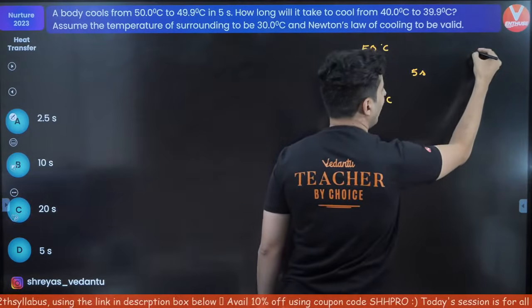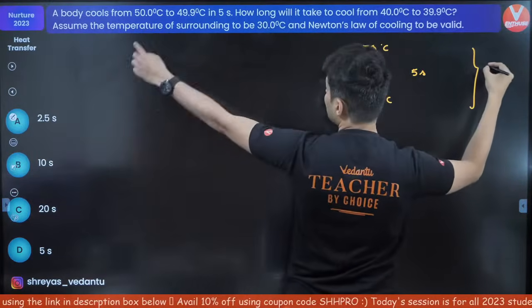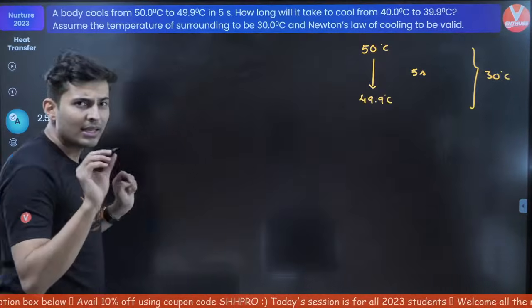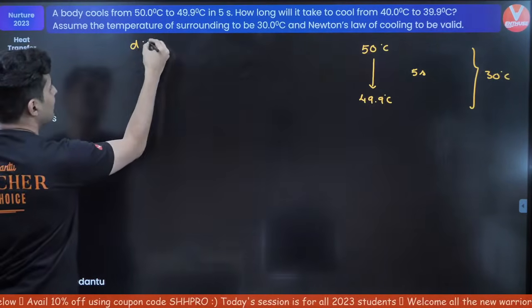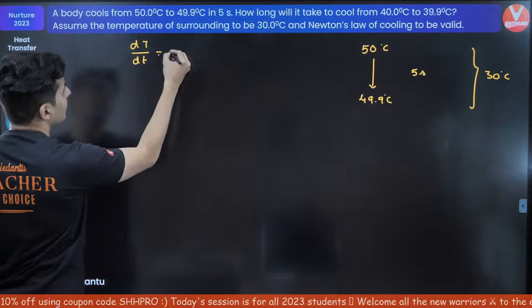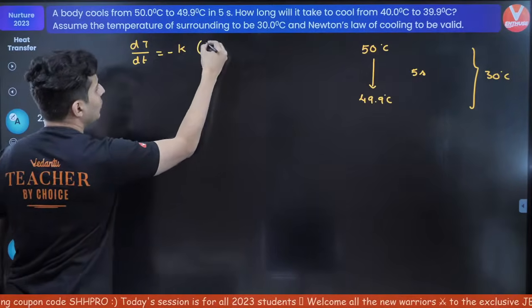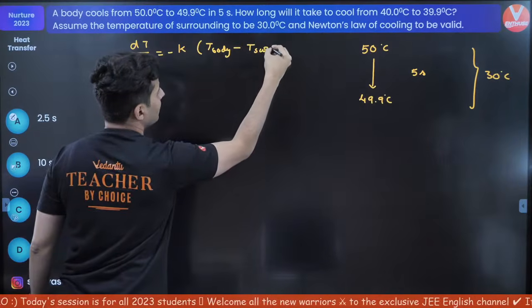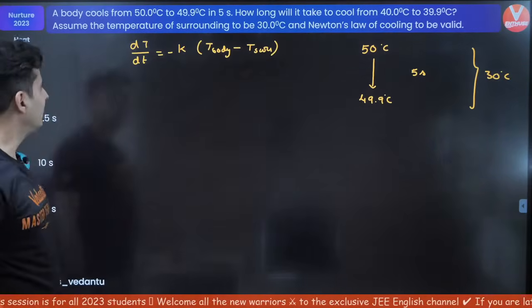And all this while, the surrounding temperature was 30 degrees Celsius. If I use Newton's law of cooling, which says dT by dt is equal to minus k into the body's temperature minus the surrounding temperature, think what will I get?